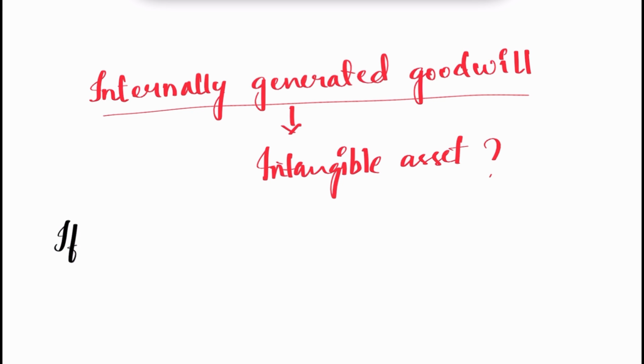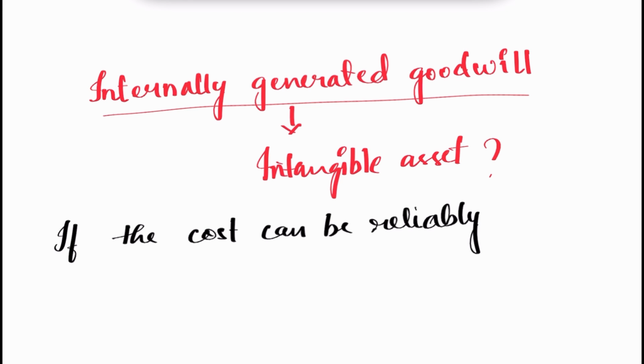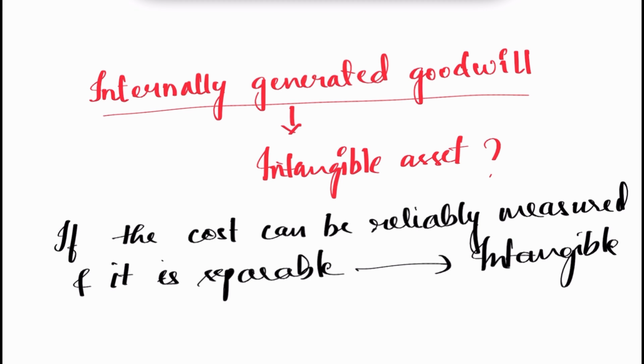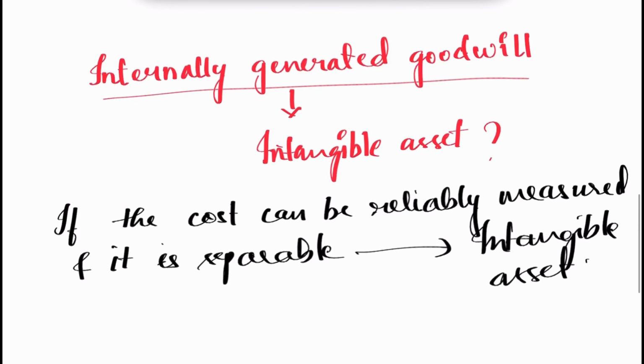If the cost can be reliably measured and it is separable, in that case it can be recognized as an intangible asset. But in most cases, the cost of that internally generated goodwill cannot be reliably measured and it is not separable. Okay, in that case it will be recognized as an expense under SOPL, statement of profit and loss.